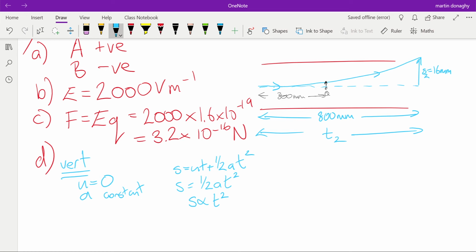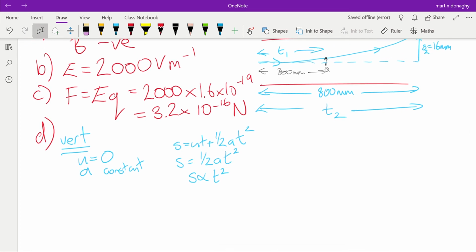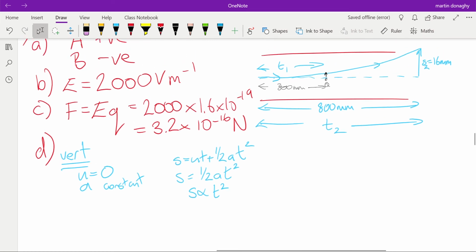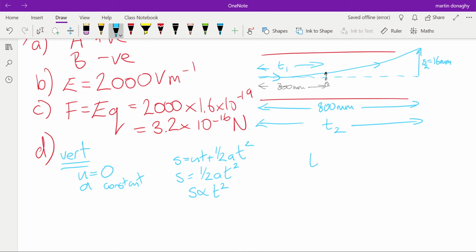Now, just looking at ratios, if we call this time to get to 300 millimeters T1, the horizontal component, if we look at it now, velocity is constant. It's not being sped up to the right or slowing down. Therefore, T1 is going to equal 3/8 of T2, because it's 300 millimeters to T1 and 800 millimeters to get to the end.